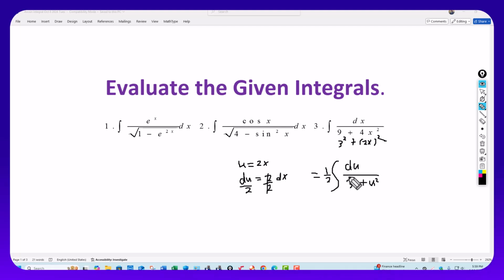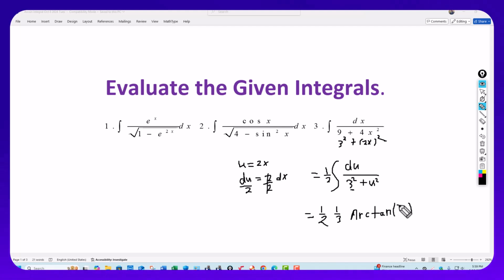It was du over a squared plus u squared. So the answer to it was, this one of course has the 1/2, so that carries over 1/2. And then the coefficient was 1 over a. A in our case is 3. So let's put it in front also, 1/3. And then for this one it's arctan, and here in the parentheses we have u over a.